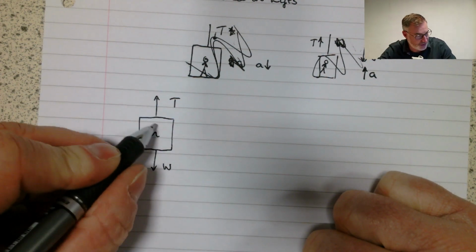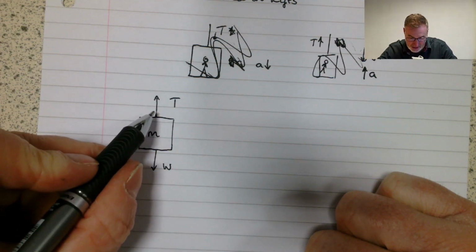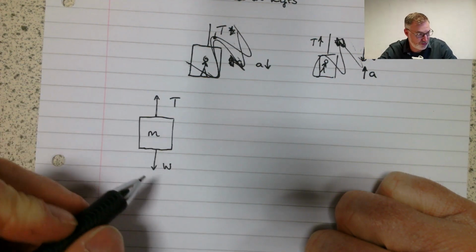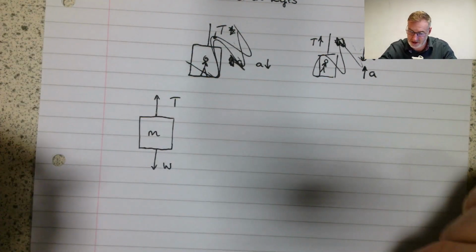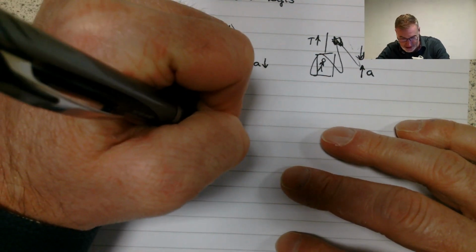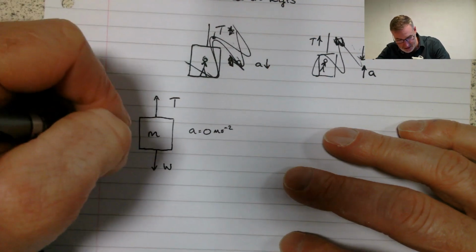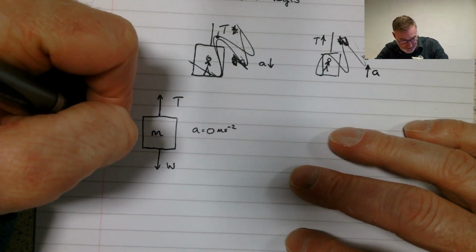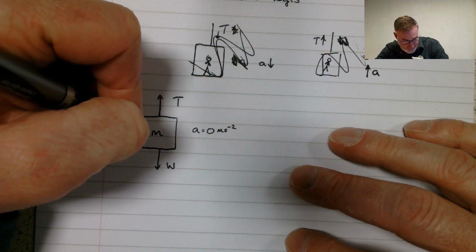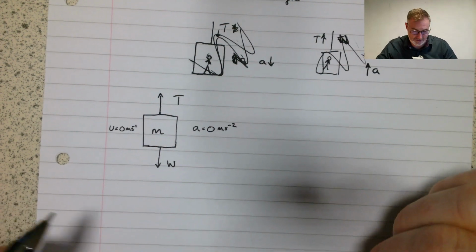So that's what's going to cause the weight. And the tension, if we just assume a single cable, these two forces must balance. No net force, therefore no acceleration. In this case, no velocity. Okay, so that's the initial state of what's going on in the lift.